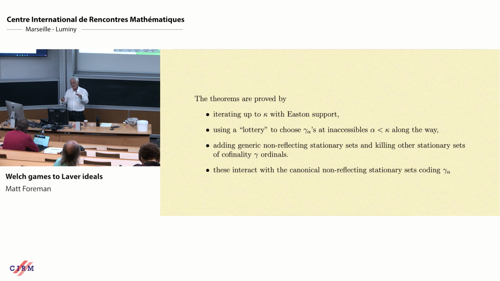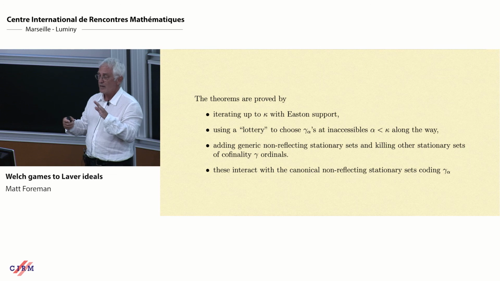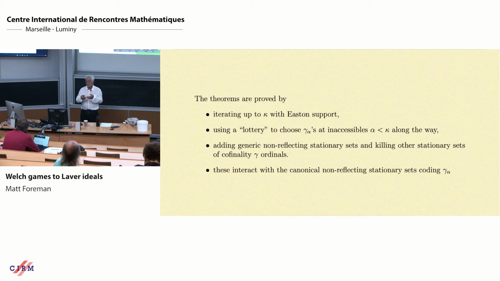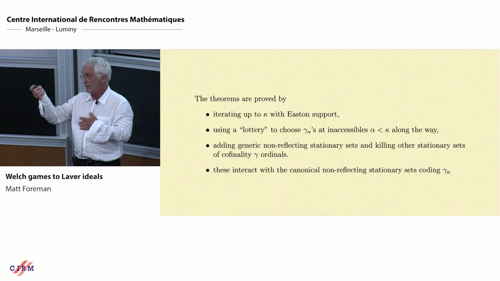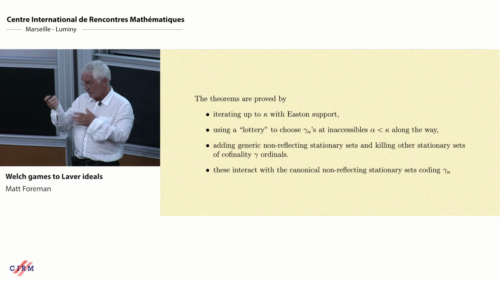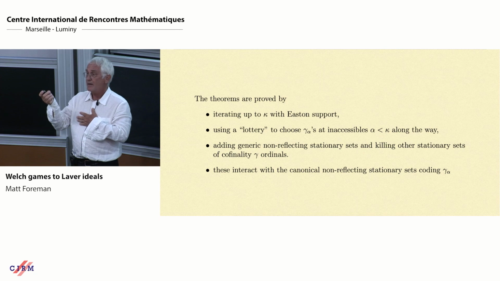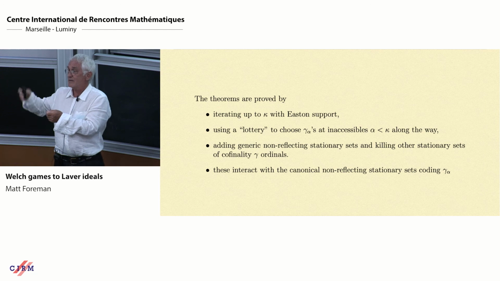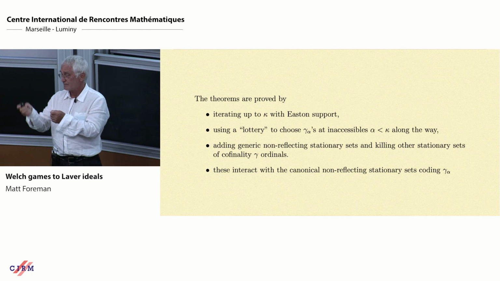Then you add generic non-reflecting stationary subsets of alpha plus, and you kill other stationary subsets of alpha plus, and these interact with the non-reflecting stationary sets coding gamma alpha. Therefore in V at stage kappa, if you tell me what gamma kappa is, even though you've added lots of subsets of kappa up to there, I know exactly what the forcing is at stage kappa.